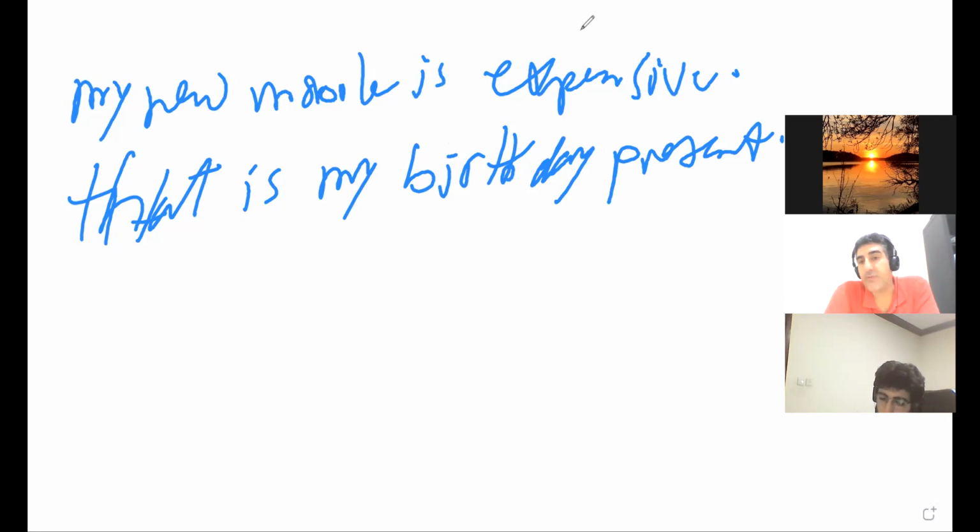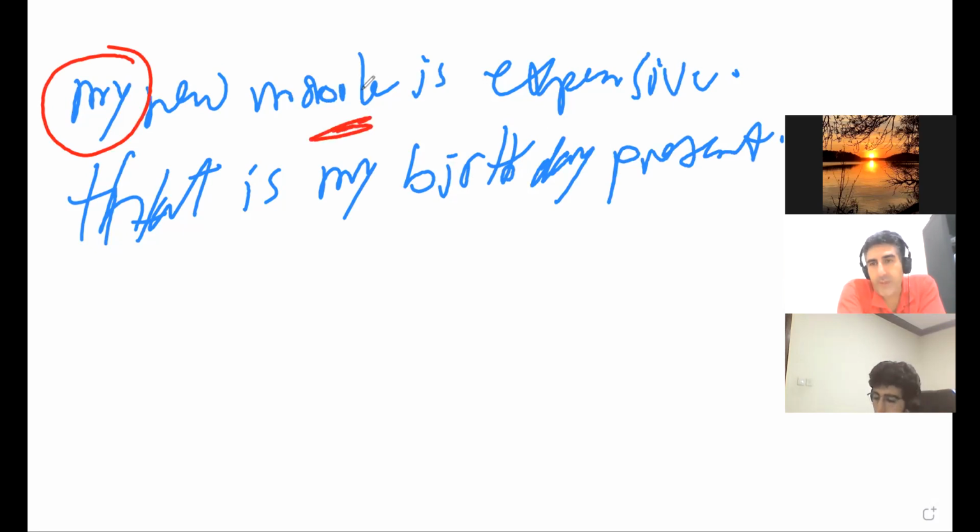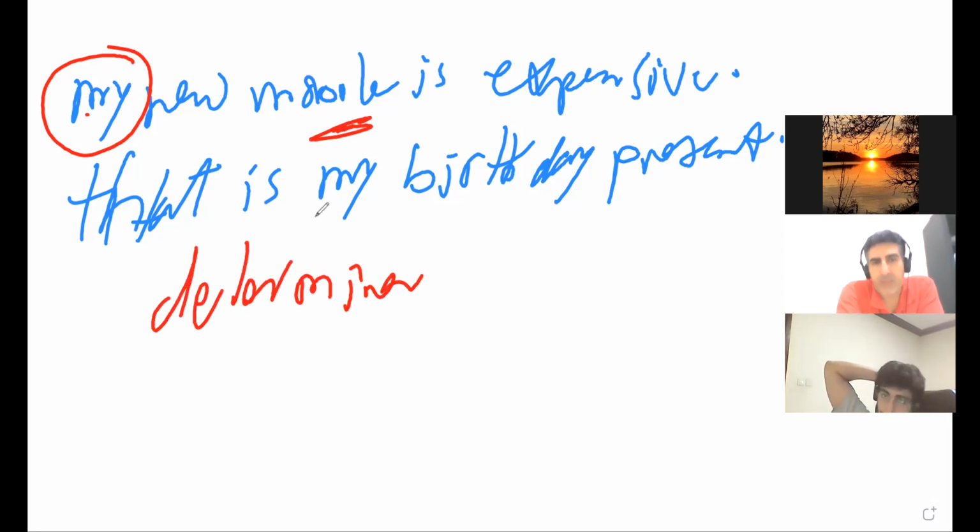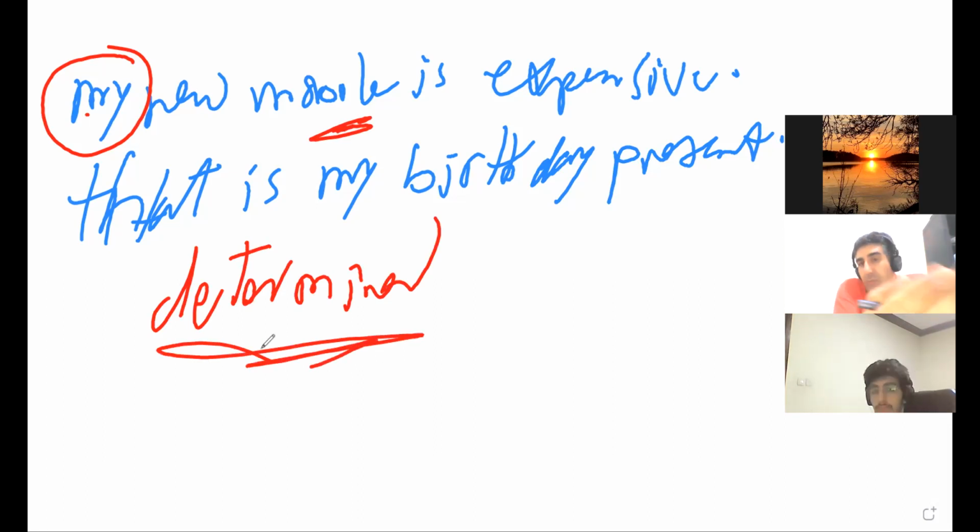Number one, you should define the nouns. We agreed determiners come before the noun. So my new mobile: I'm talking about not any mobile, but my mobile. So the word my is a determiner because it helps you show which noun you are talking about.